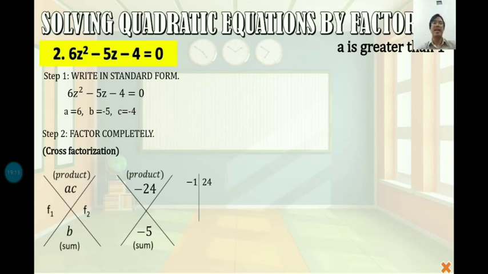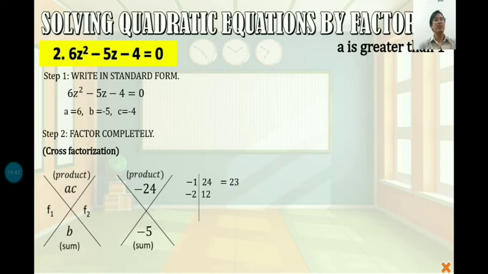The product is negative 24. But is the sum equal to negative 5? Wrong. So, another factor. Negative 2 times what number will you multiply to get negative 24? Yes, that is 12. Negative 2 times 12 is negative 24.